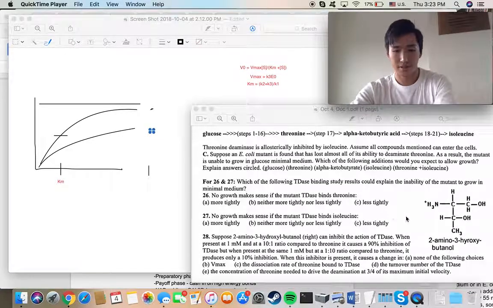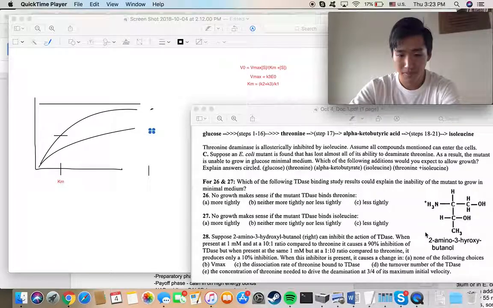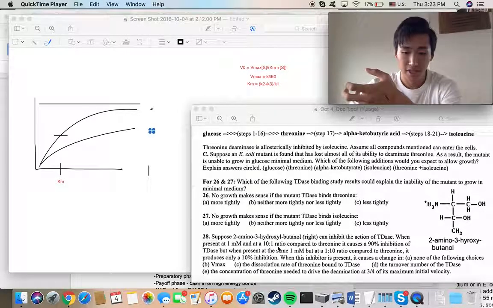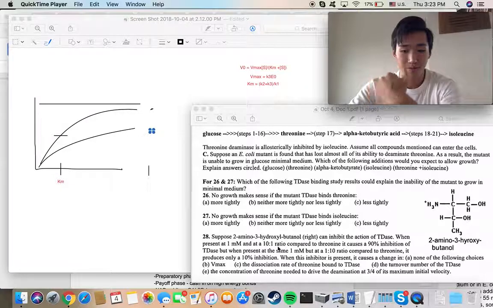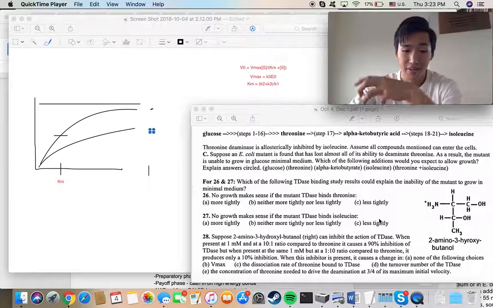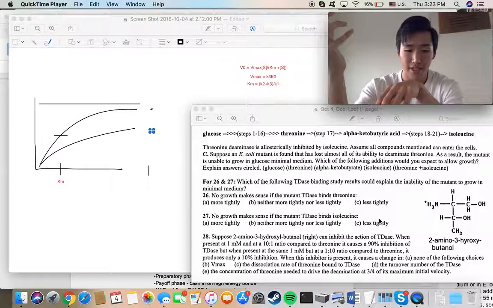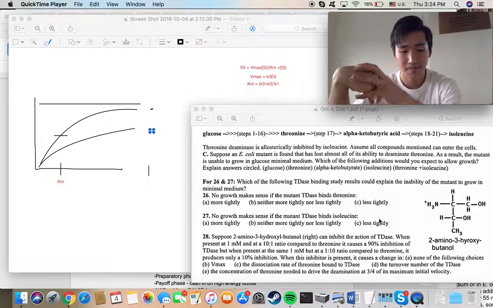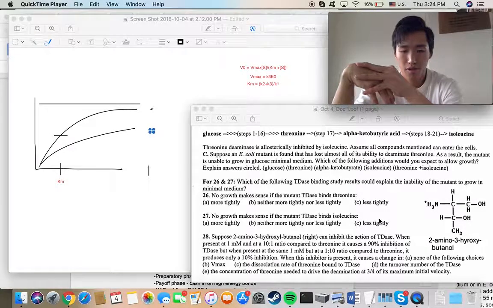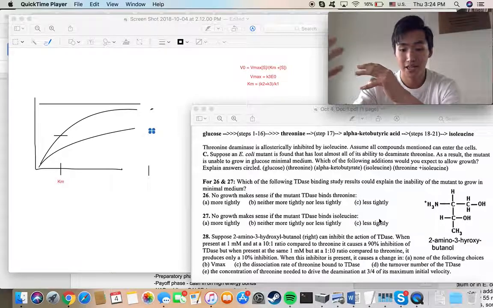Last question. Suppose this molecule over here can inhibit the action of TDase. When it's present at a certain concentration and a large ratio compared to threonine, it inhibits very well. But when present at the same concentration in a smaller ratio, it inhibits a lot less, right?